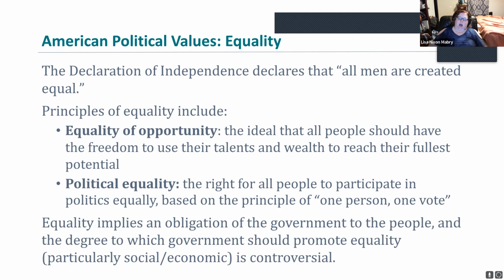Now, this one throws a lot of people off. It's the idea that all people should have the freedom to use their talents and wealth to reach their fullest potential. Which sounds really great on paper, but because we don't live in a society where equality is really equal, people don't have the same opportunities, right?